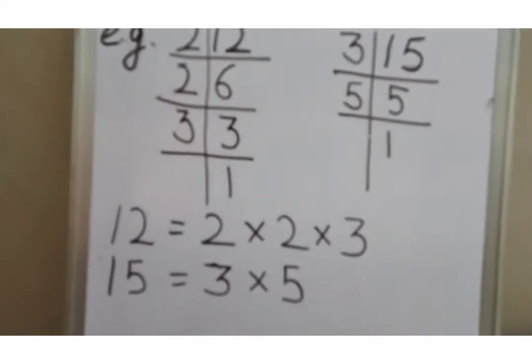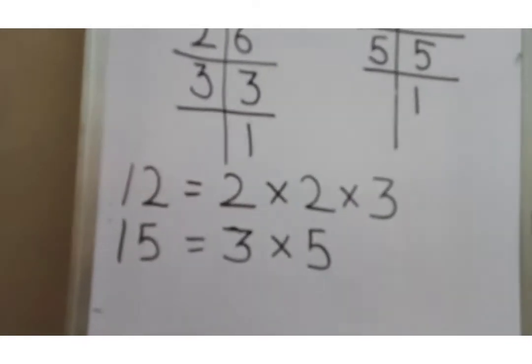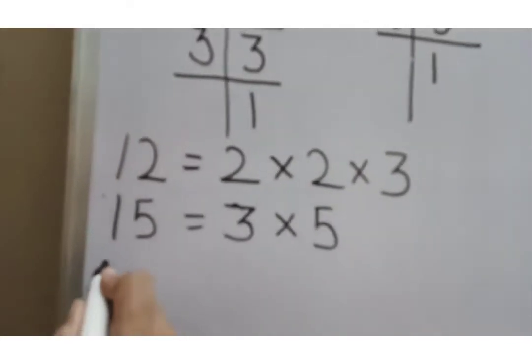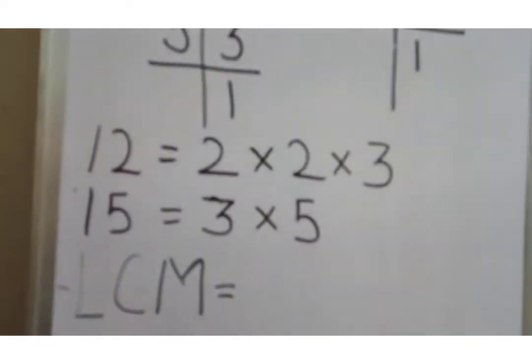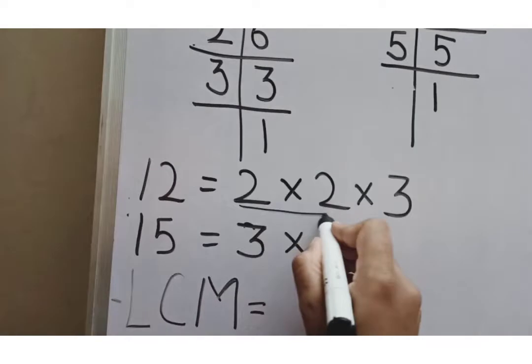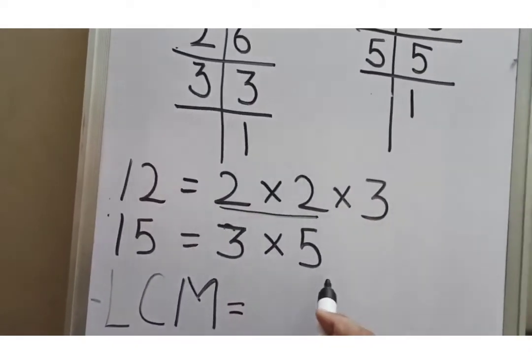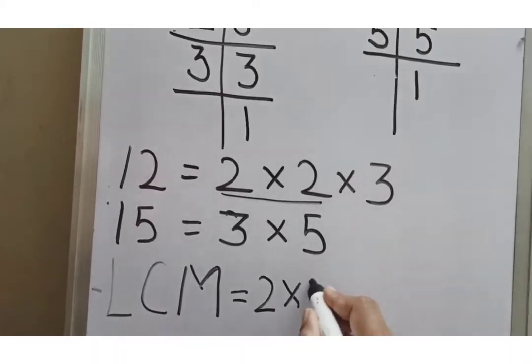as 3 and 5. Now the next step of finding LCM is that we will find all the factors which are present here. Since 2 is there 2 times, and we don't have 2 in 15, it doesn't matter, we are going to write 2 and 2.